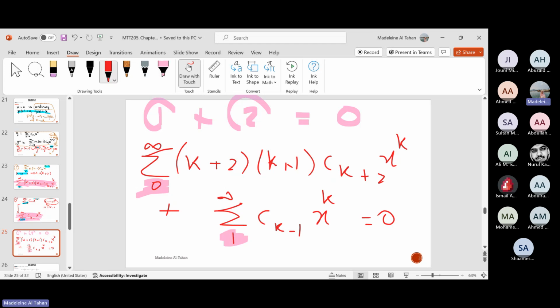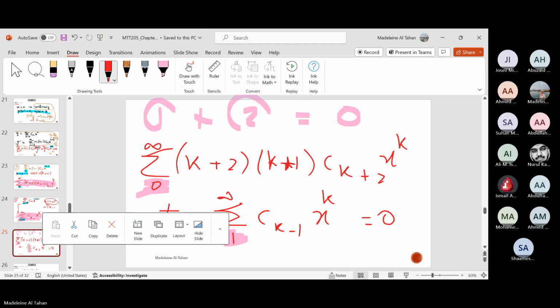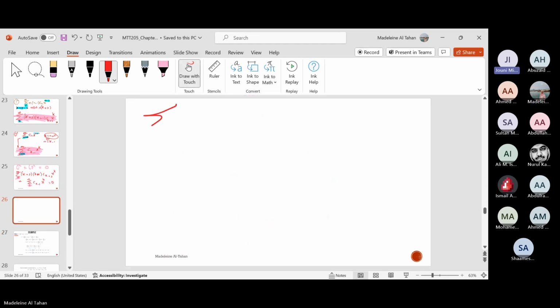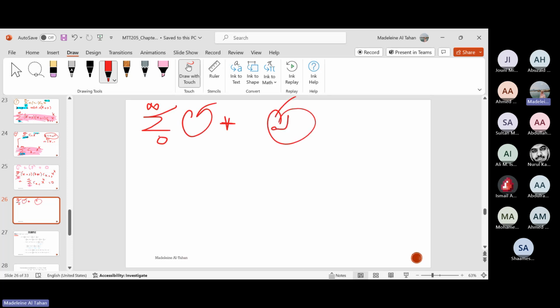The one that starts at 0, how will we divide it? We want to start at 1. When we have sigma starting at 0, we substitute this one at 0 plus the rest, it will be in this form. So what will we get now?